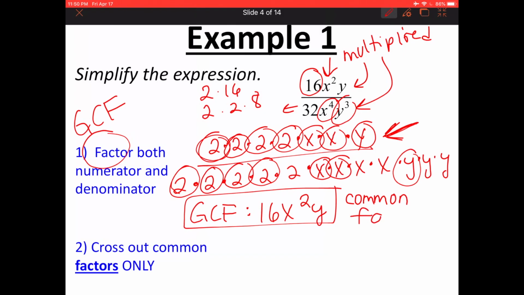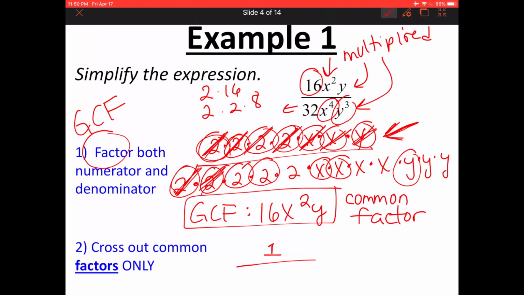So I'm going to cross that out in both the numerator and the denominator. So in the numerator, when I cross everything out, remember my placeholder for multiplication. I need something there to hold my place, so I'm going to put 1. So when everything crosses out on top, I put 1 as the placeholder.